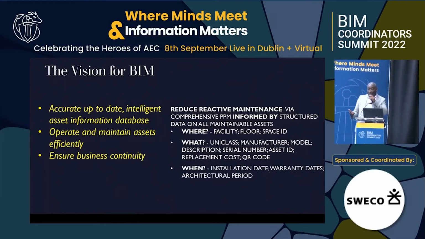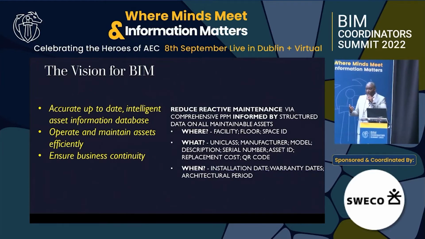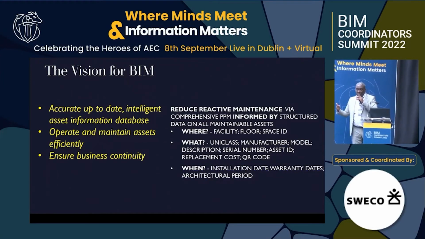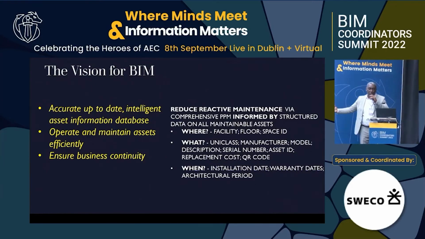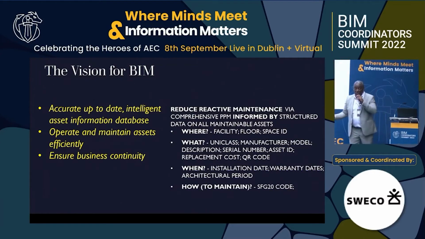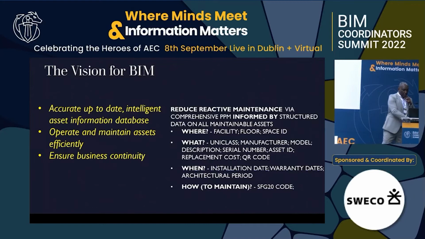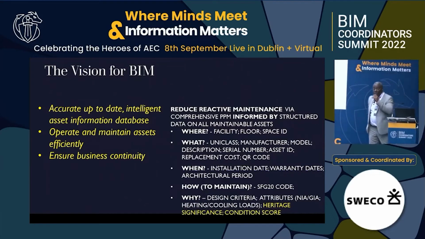We're looking at when: installation date, warranty date, also for heritage purposes, architectural period. So it's not just about new build, it's also about those types of things. The how, which is really how to maintain, so that's SFG20 coding. And then of course, the last one is the why, which is the design criteria.